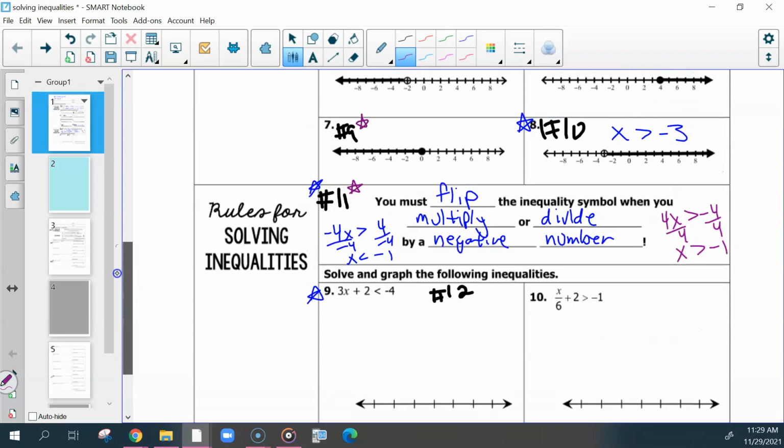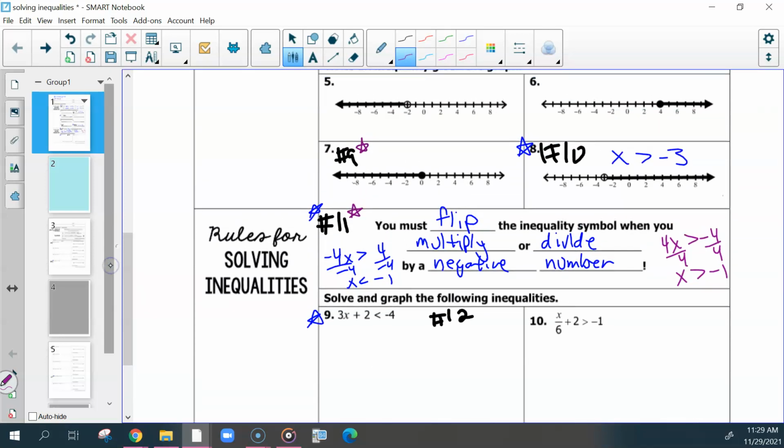Multiplying happens very rarely, but it does happen. So if you had a multiplying example, it would be something like x over -2, and you're trying to get x by itself, you would multiply both sides by that -2.